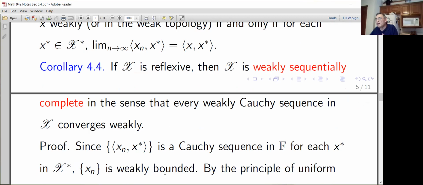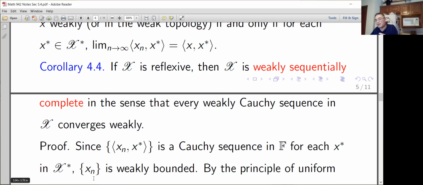Therefore, for each x star, this sequence of scalars is bounded.